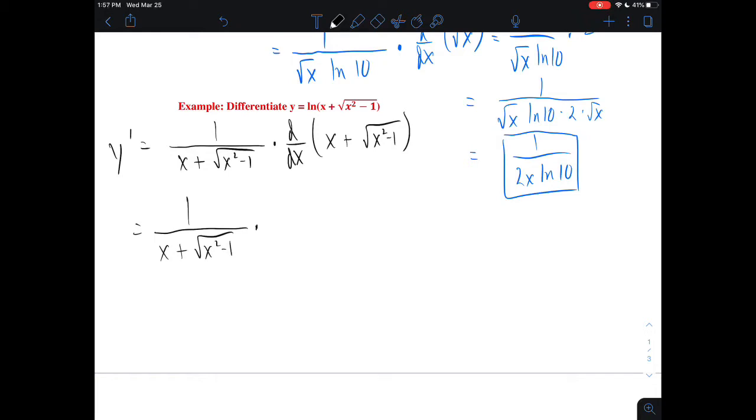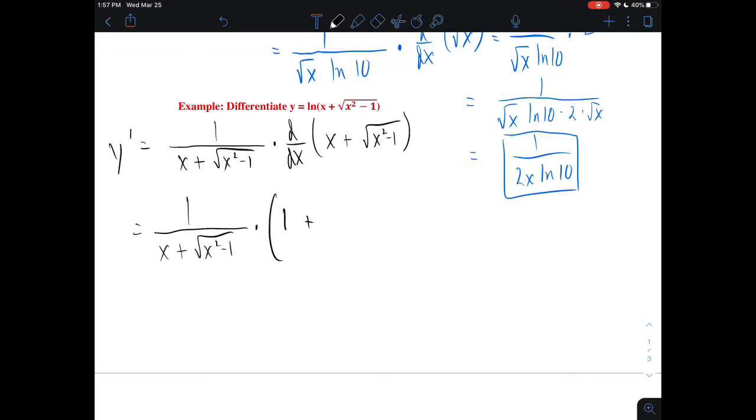And the derivative with respect to x of what's inside the parentheses there, I would first start with the derivative with respect to x of x. That's just 1. And then plus, now I have the square root of x squared minus 1. That again is going to use the chain rule. I have a square root function on the outside and x squared minus 1 on the inside.